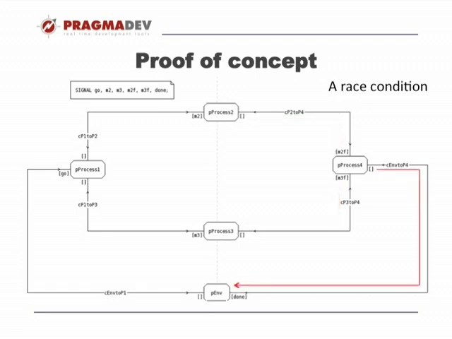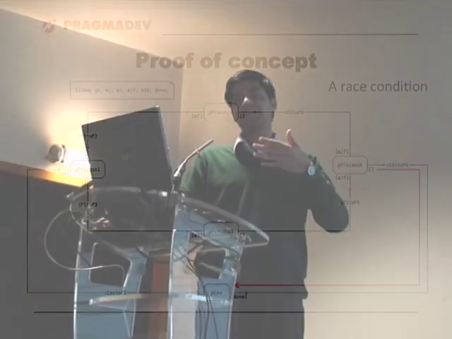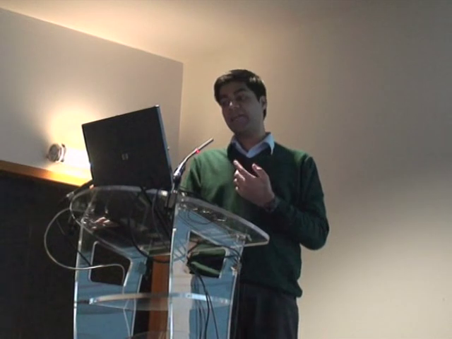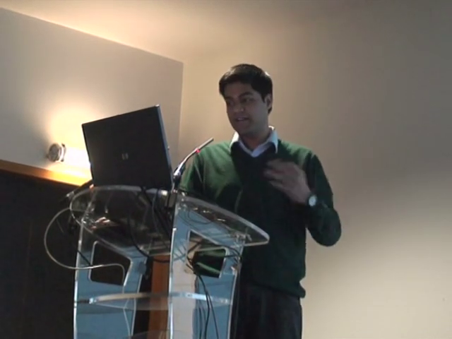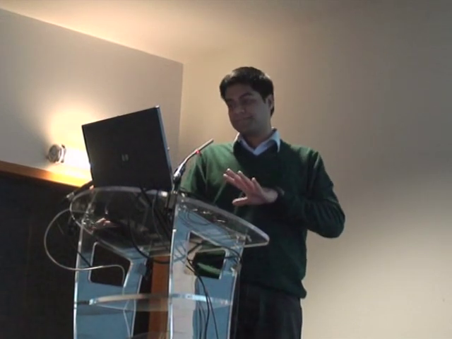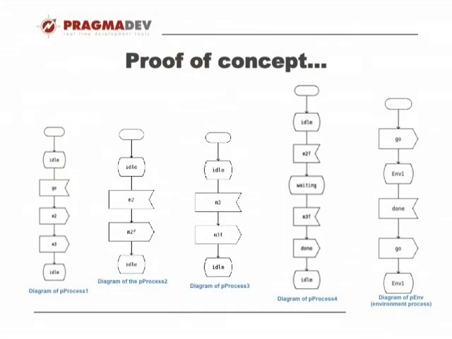Now the idea is, in process 4, only when you receive the M2F and M3F in a certain order will you be able to send a message done from process 4. A basic race condition to the extreme. And here we have the basic SDL extended FSM diagrams of the different processes that we use in the proof of concept.